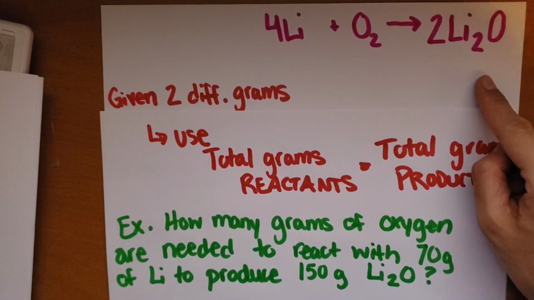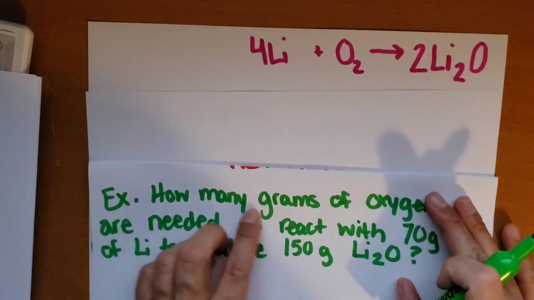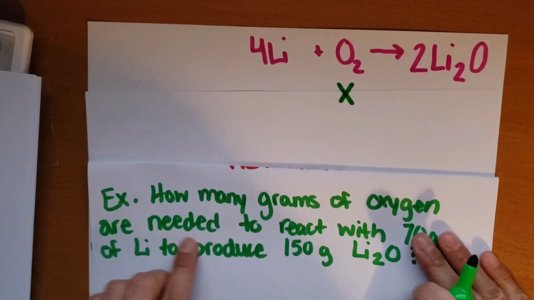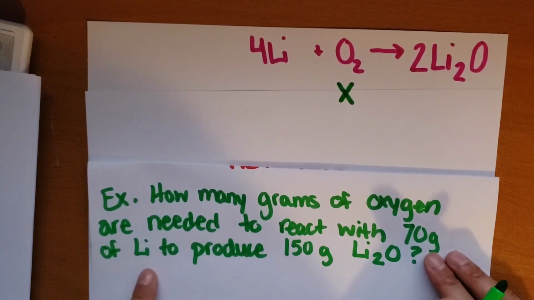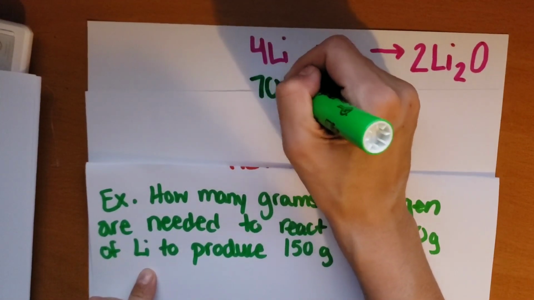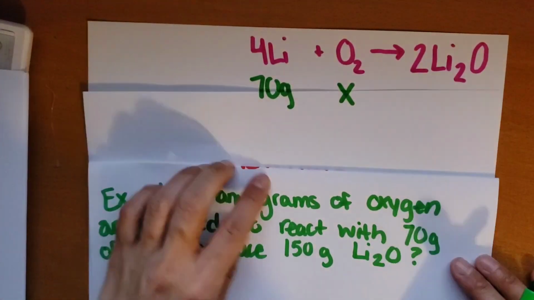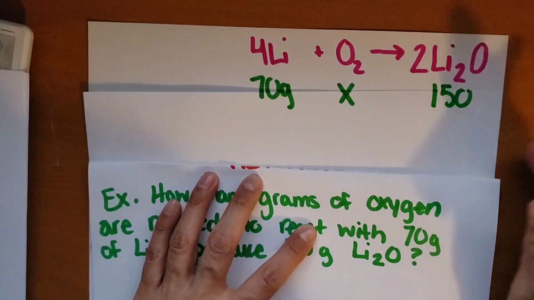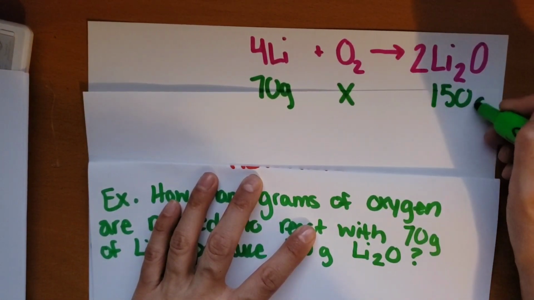So we'll just write X for the grams of oxygen, needed to react with 70 grams of lithium, to produce 150 grams of lithium oxide.